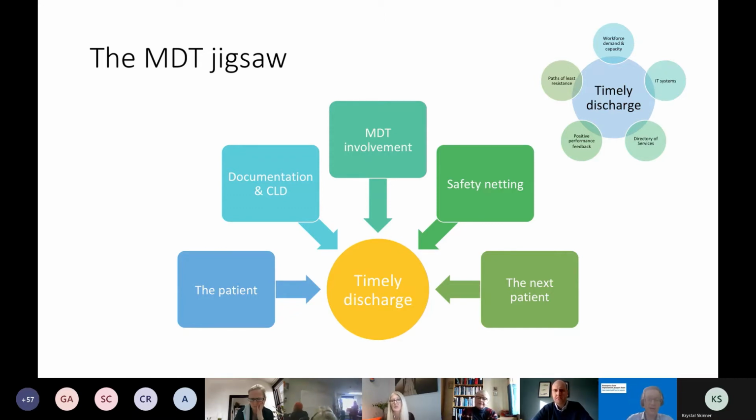And I'm going to start, if I can, with the patient and our patient rep, Lynn. One of the things that has come out of the webinars up until this point, Lynn, is that we're still not possibly communicating discharge plans effectively, efficiently with our patients. And I wonder what your thoughts are on that and any top tips on how we can improve that.